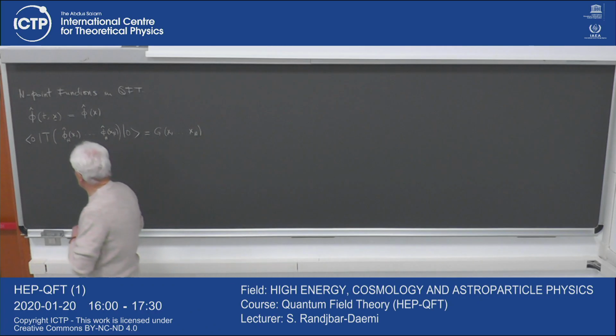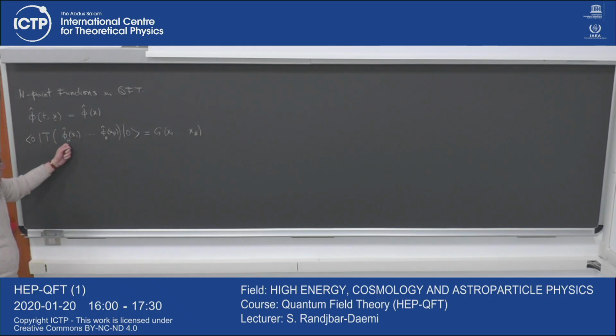Now, I wrote this in the form of a scalar field, but obviously they can be spinors and vector fields, etc. So in a general field theory, we will have fields of various spins there. They can also be gravitational fields for that matter, if you are dealing with quantum gravity.